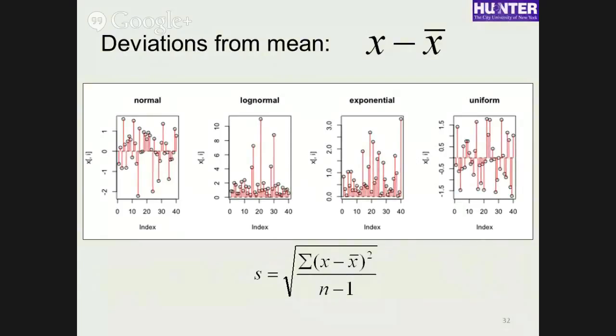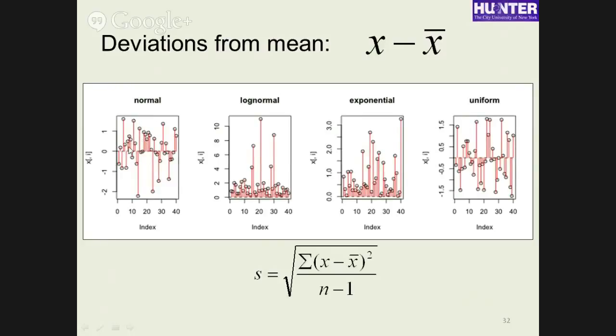This is just a little graphical representation of what it looks like for a few different distributions. And you don't need to know what normal, log normal, exponential, and uniform distributions are. You should know what the normal distribution is; we'll talk about it a lot more. The uniform distribution is kind of an intuitive one. It just means that all possible values within the range are equally likely.